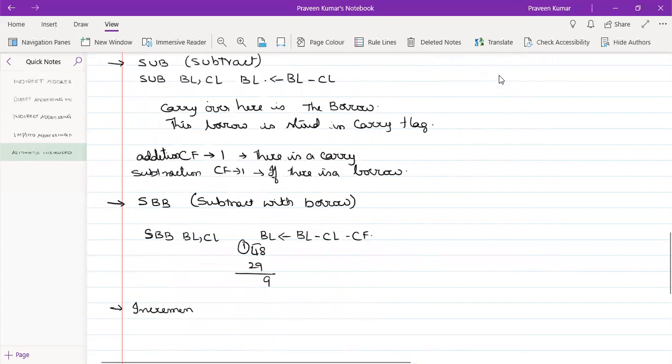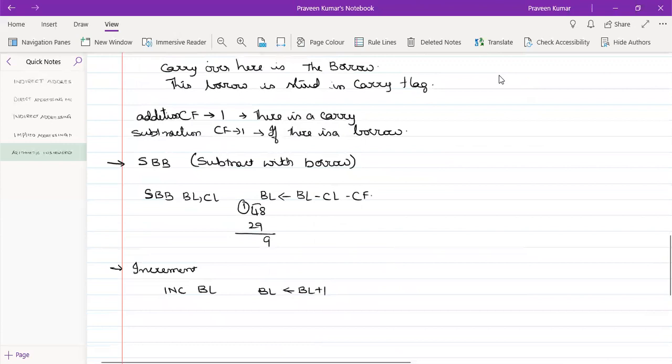So the next type of arithmetic instruction is increment. For example, INC BL. It gives BL as BL plus 1. So if BL is equal to 5 and I say increment BL, then the BL value will be 5 plus 1, that is 6, and so on.